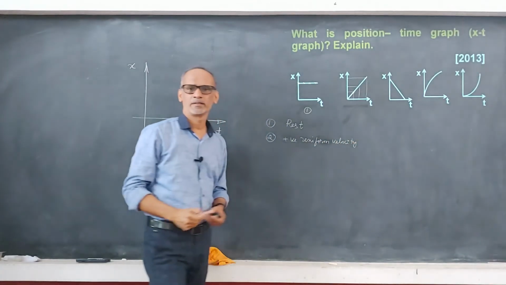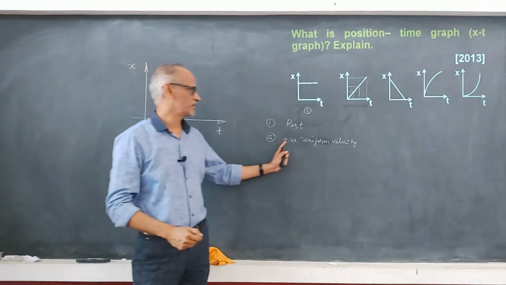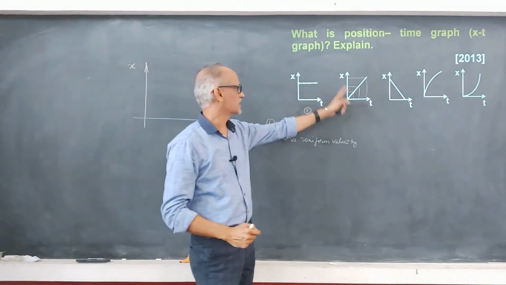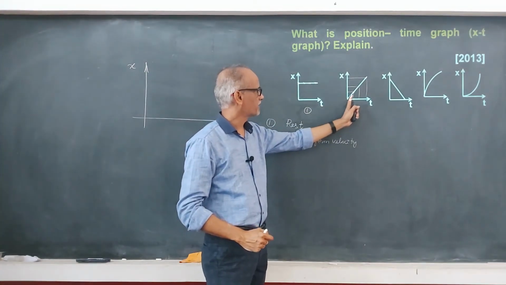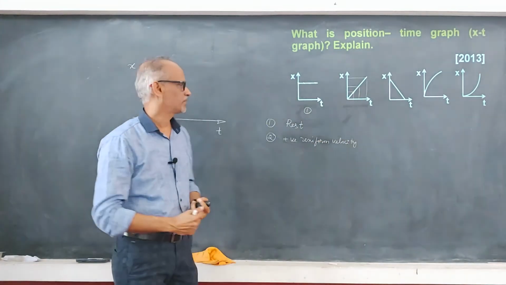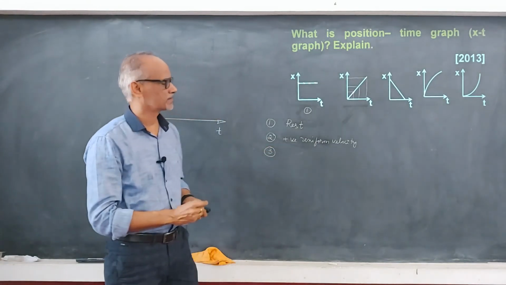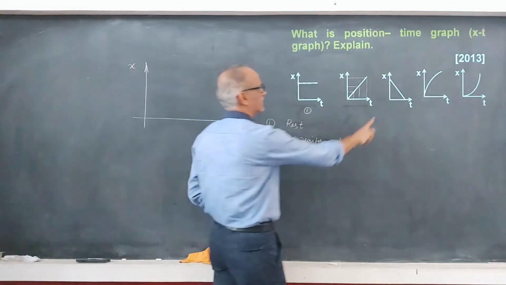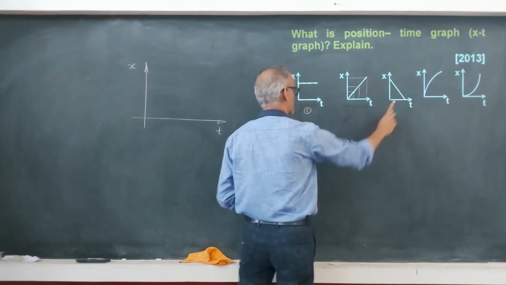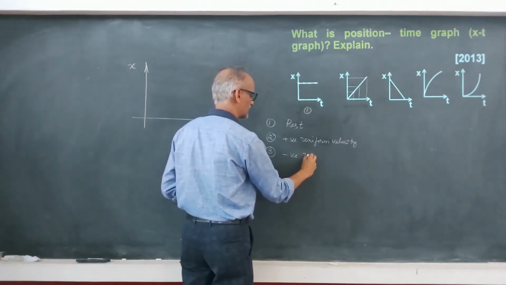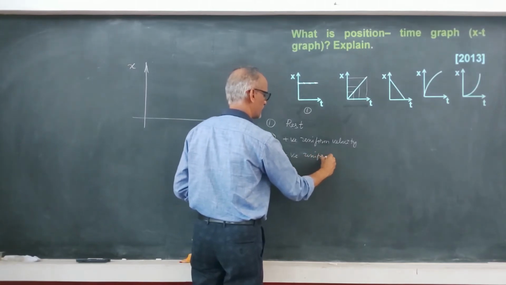The second graph is for positive uniform velocity. So if a body moves with uniform velocity, then the xt graph is a straight line that passes through the origin with the positive slope. The third one, again it's a straight line, but you can see the position is continuously decreasing. So that's why the body moves with uniform negative velocity.